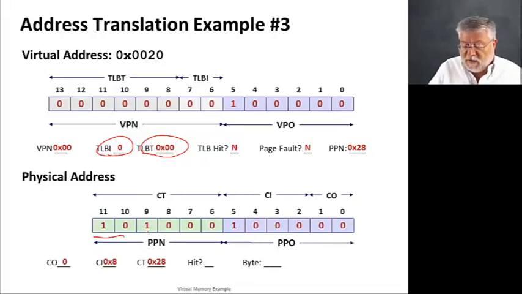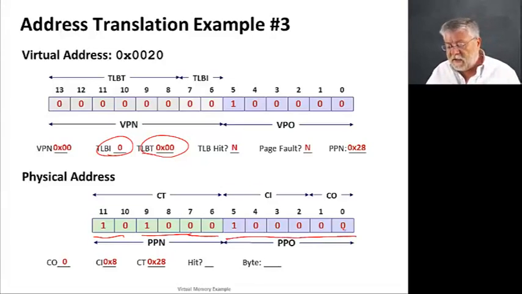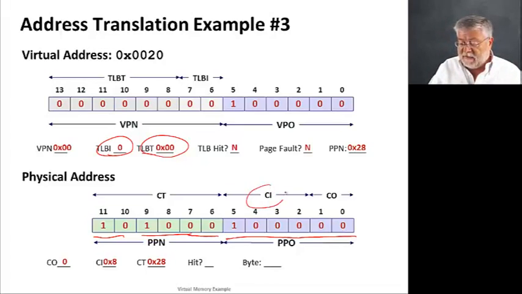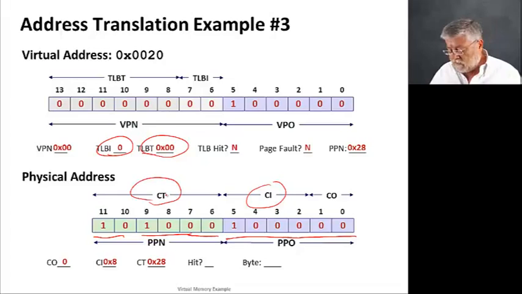Here's our 2 and 8 from the page table entry, and the physical page offset carried down. And then if we go to our cache and look at the set 8 with the tag 28, we'll see that in fact we have a miss, and we're going to have to go to memory to read that location.